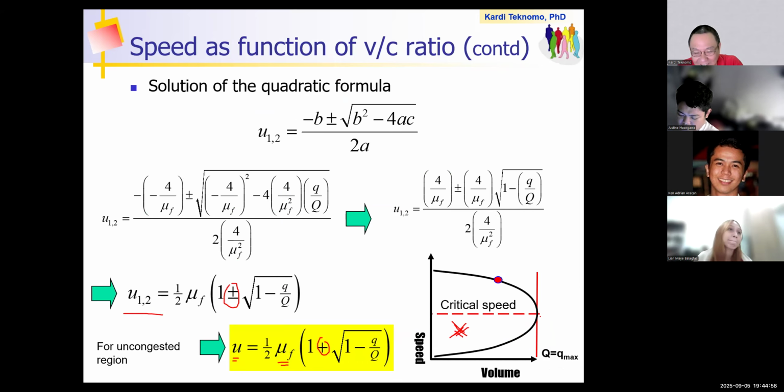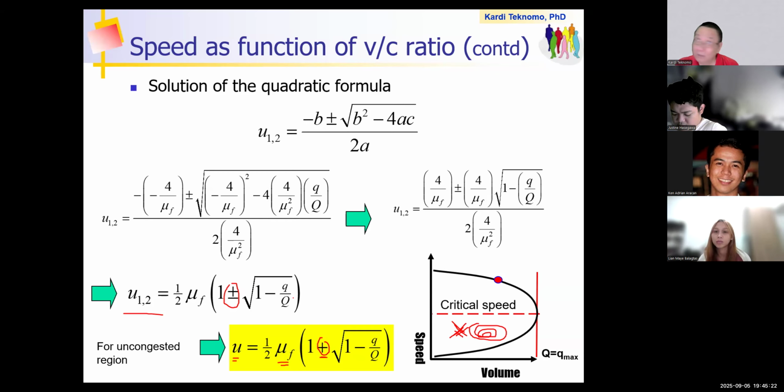So how about the one in this region? In that case, you cannot use Greenshields, or you can use it, but you need to use the minus part here. So you need to modify the Greenshields.